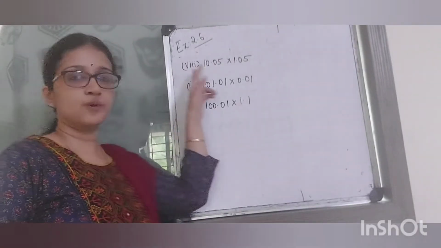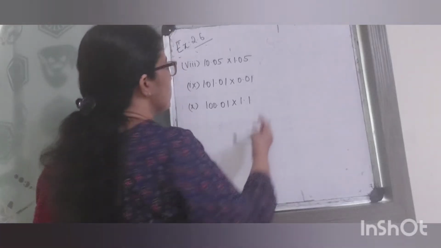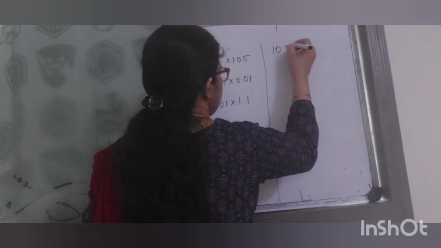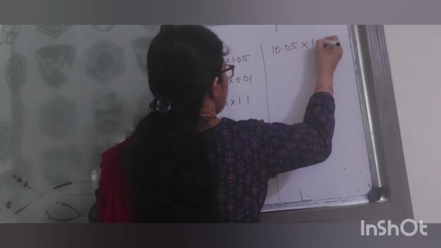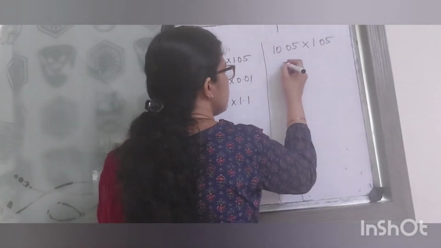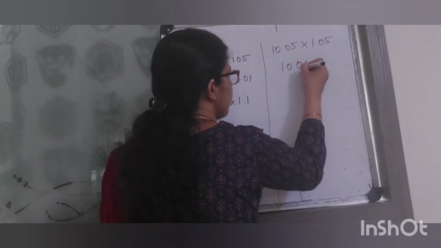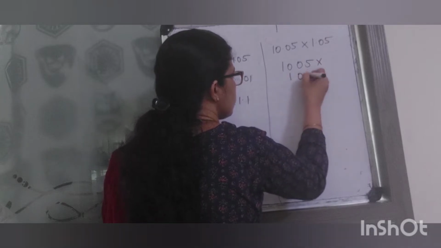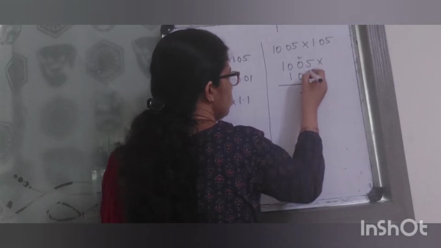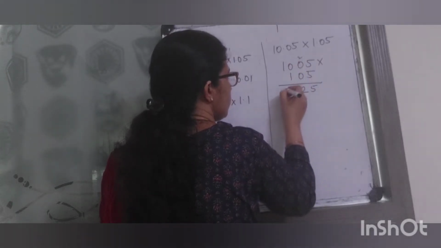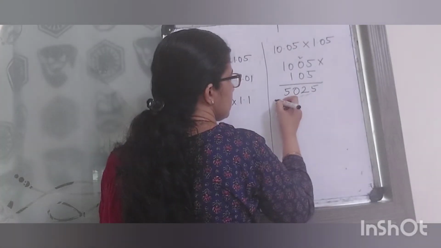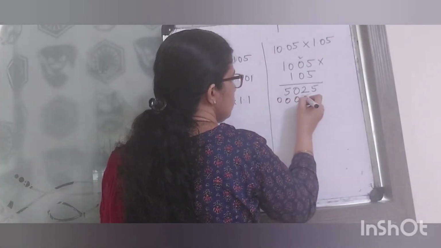Now let's take the next problem, that is the 8th problem. Okay, so what is the 8th problem? 10.05 into 1.05. Now again, in the same way, if we ignore the decimal point, 1005 into 105. 5 5s are 25. 0 0 0 0.